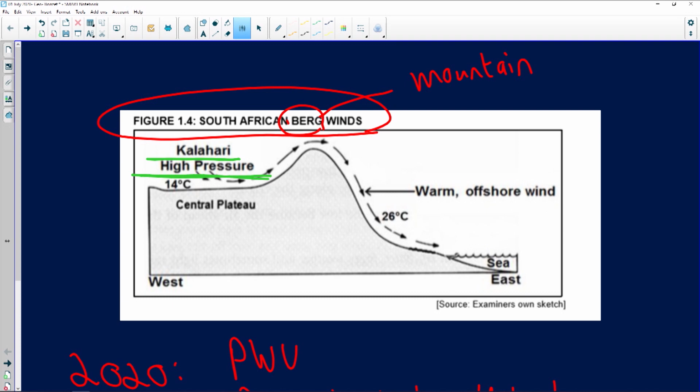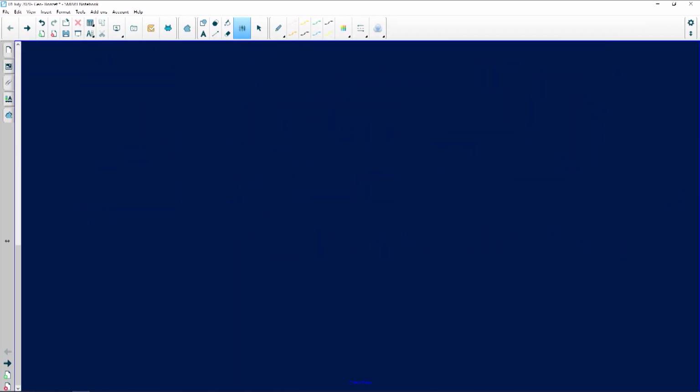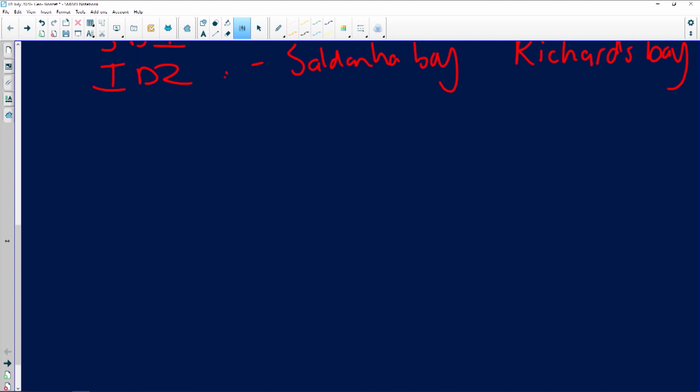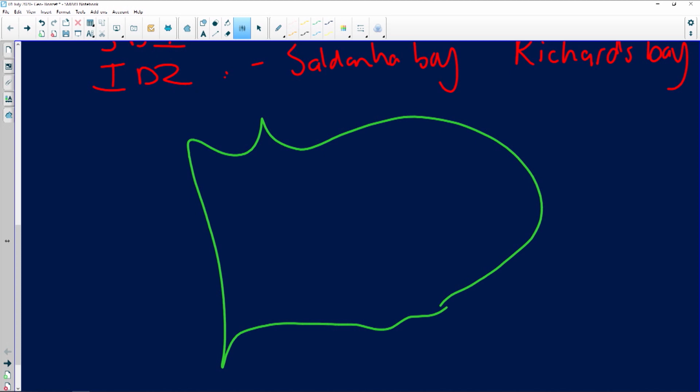By now, with the general knowledge you have learned from climatology, we only experience the Kalahari high pressure during winter. Okay, I could quickly draw a rough synoptic chart showing what happens in winter conditions. Okay, if that's South Africa, we are situated on 30-degree latitude.